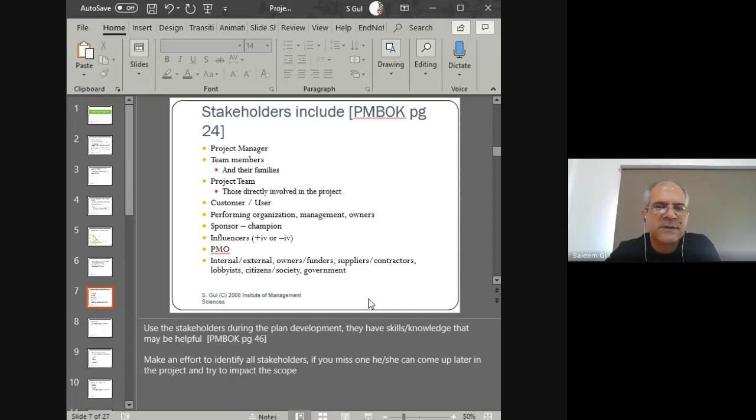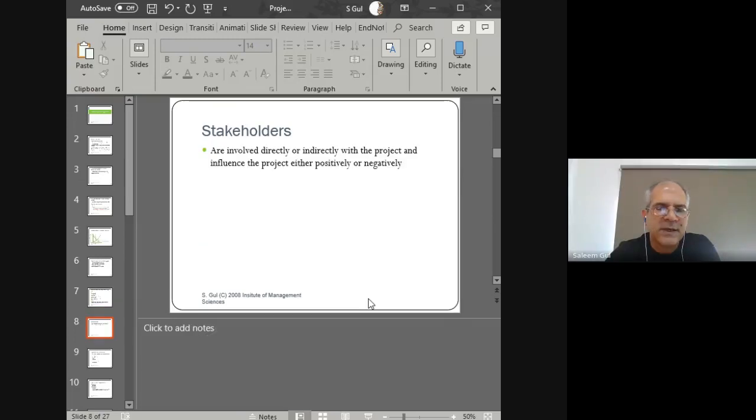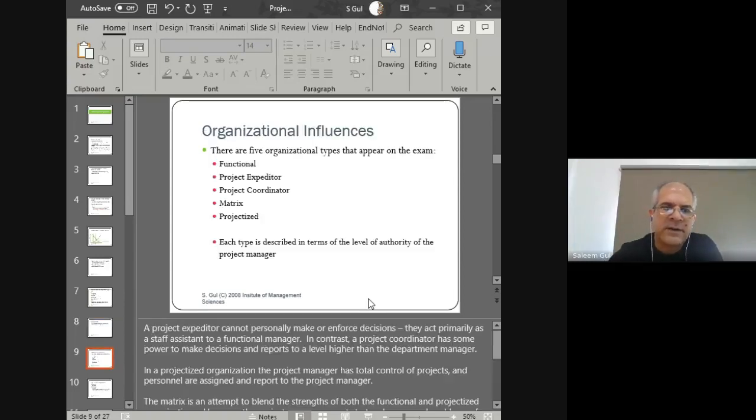So the environment is considered to be a silent stakeholder. So these stakeholders are directly or indirectly involved in your project, and they influence your project either in a positive manner or in a negative manner. And we use these stakeholders to capture their requirements.